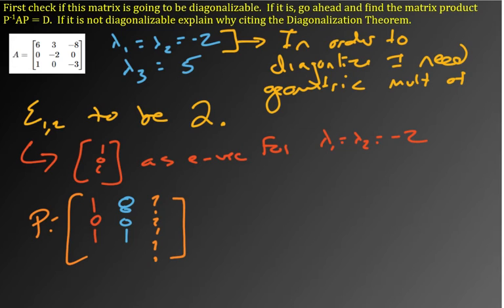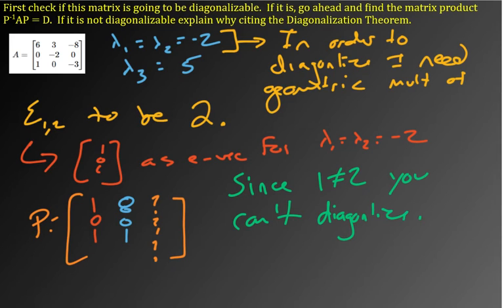So the final answer to this question is, since 1 doesn't equal 2, you can't diagonalize. And that's it. And that's probably, to me, always been the easiest way to check these things, since so much of it is just checked with a computer, finding eigenvalues and eigenvectors already. It's just quick.